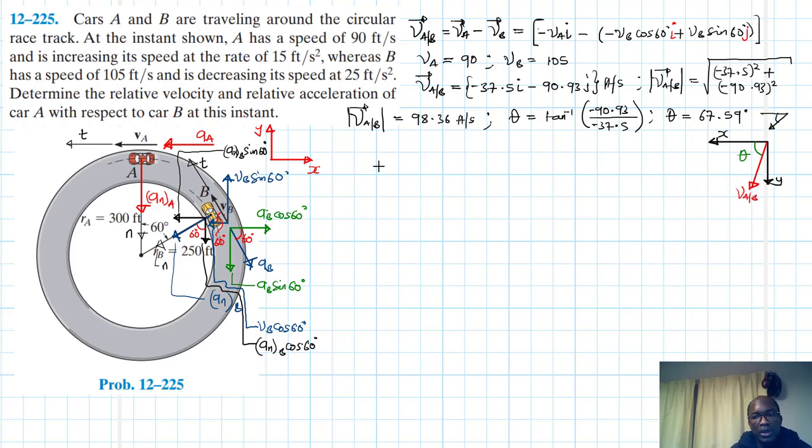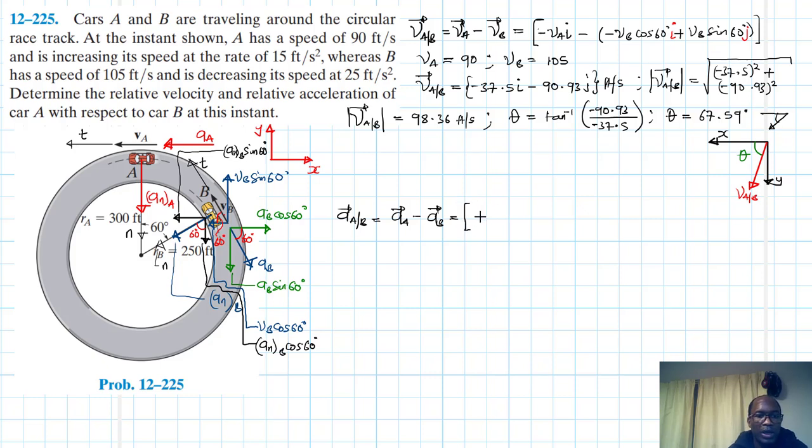Let's move on to the second one, acceleration. So acceleration A with respect to B is equal to acceleration A minus acceleration B. Let's write it down.